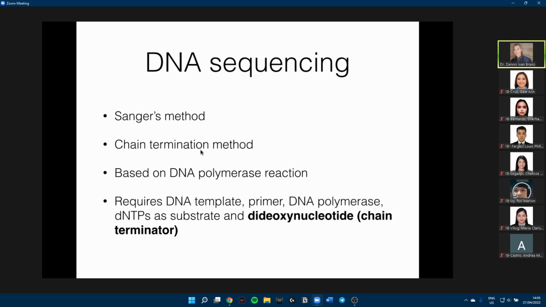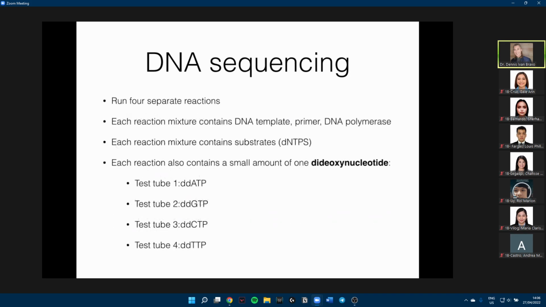Just like PCR, it is also based on DNA polymerase reaction. So just like PCR, it also requires a DNA template, a primer, a DNA polymerase, but it doesn't have to be thermostable. DNTP is a substrate, and of course, a special ingredient, dideoxynucleotide, or sometimes we refer to it as the chain terminator. The conventional DNA sequencing was run on 4 separate reactions.